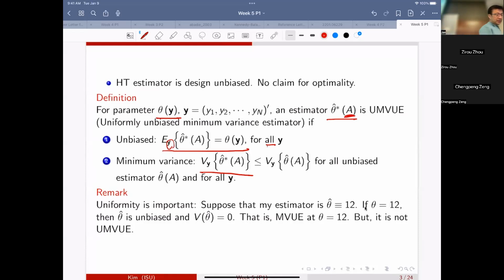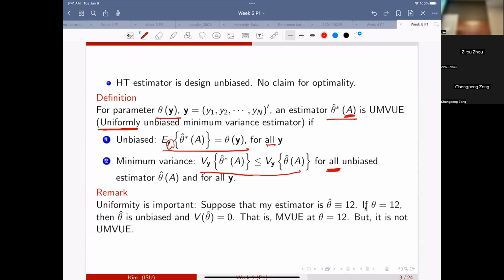So the variance should be less than or equal to the variance of any unbiased estimator, for all y. And here, what do we mean by uniform? Uniform means for all values of y, right?